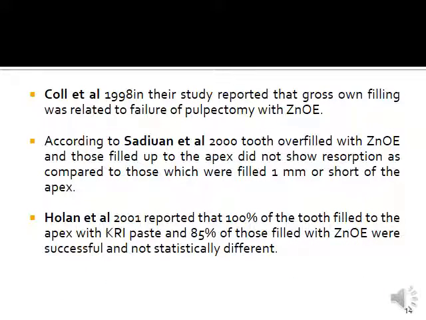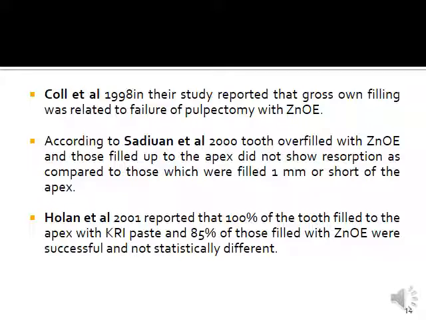In 1998, in their study, it was reported that gross overfilling was related to failure of pulpectomy with ZOE. According to Seduan et al. 2000, teeth overfilled with ZOE and those filled up to the apex did not show resorption as compared to those which are filled 1 mm short of the apex.